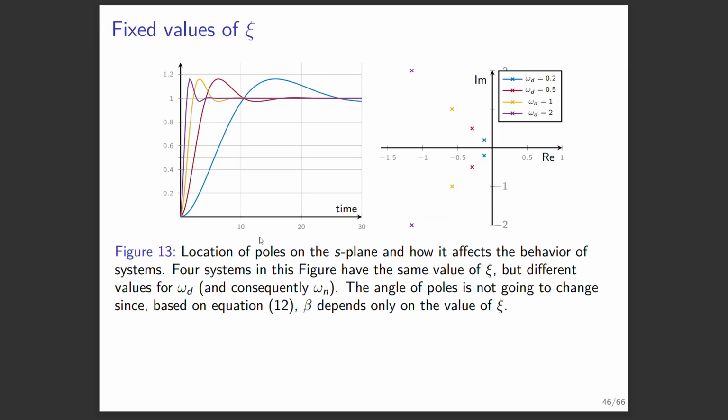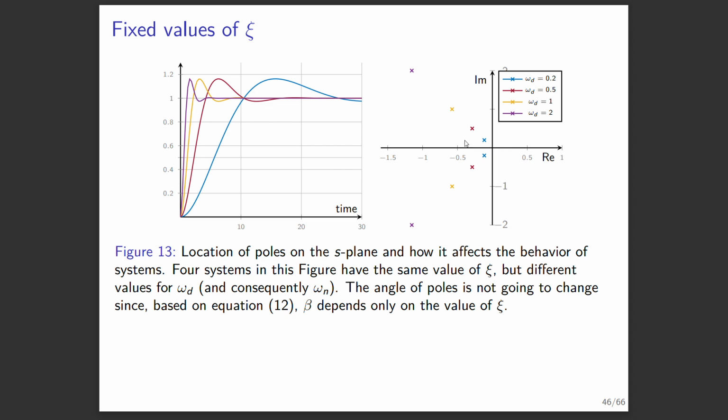What does that mean? If I have a bunch of different systems and their poles are here, here, here, and here, so they have different poles, but all the poles seem to be along the same vector.